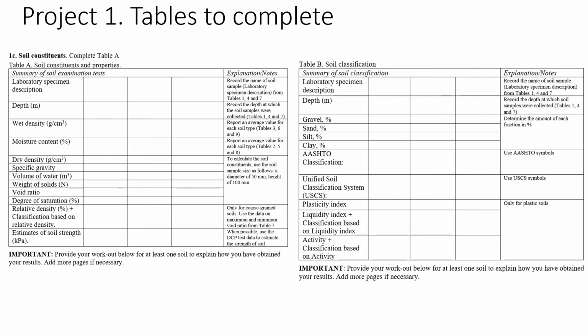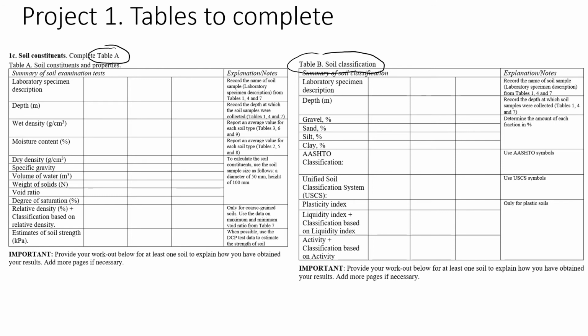And to make it a little bit easy for you to present your data, there's table A that you need to fill out, and also table B. Table B deals with soil classification, and table A deals with the soil constituents. So what you need to do is you need to write a description of the soil, what is written in table 1, 4, and 7.